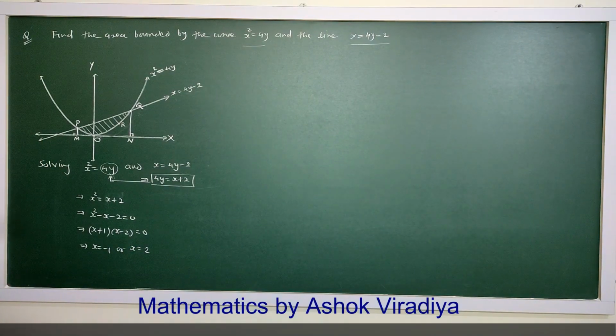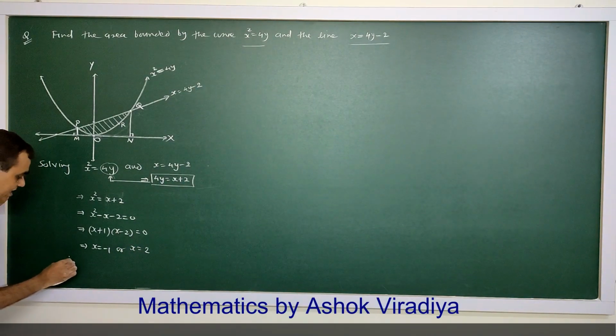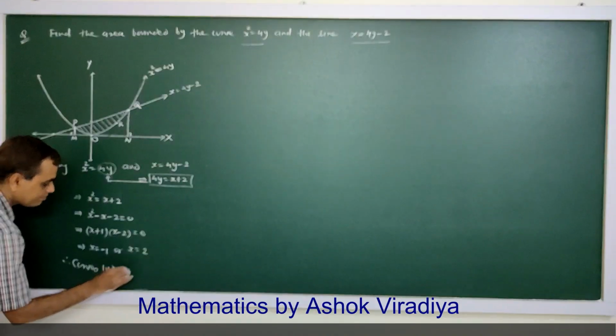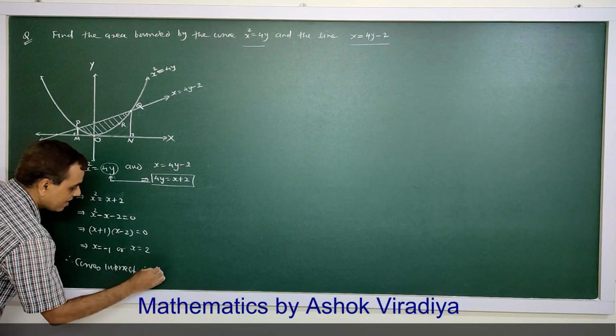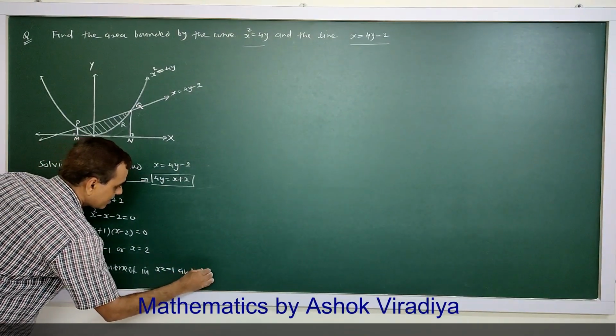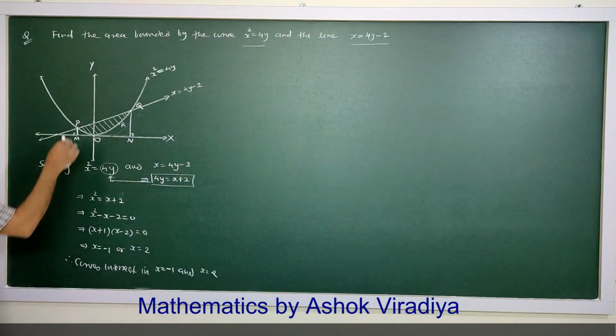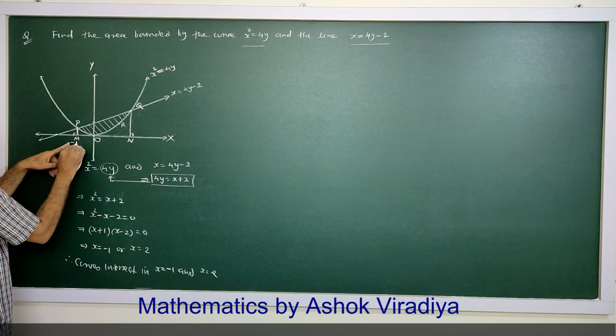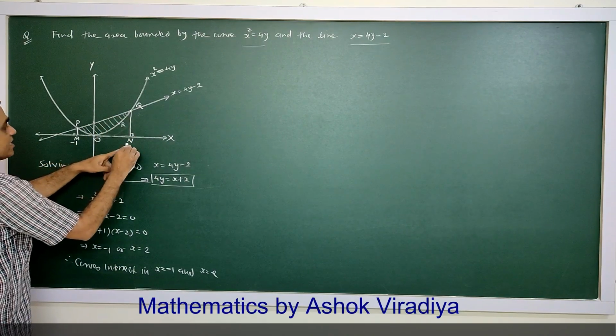So these curves intersect, therefore both curves intersect at x equal to minus 1 and x equal to 2. So this line is x equal to minus 1 and this line is x equal to 2.